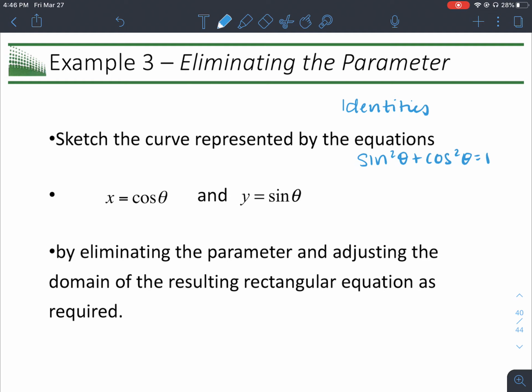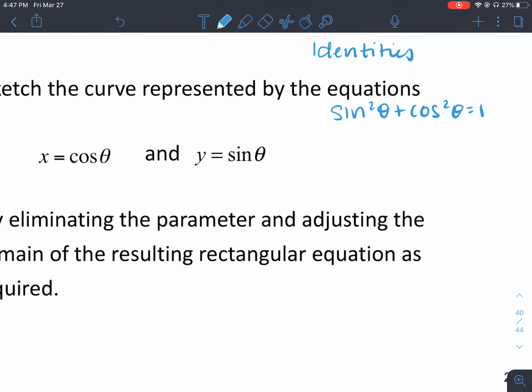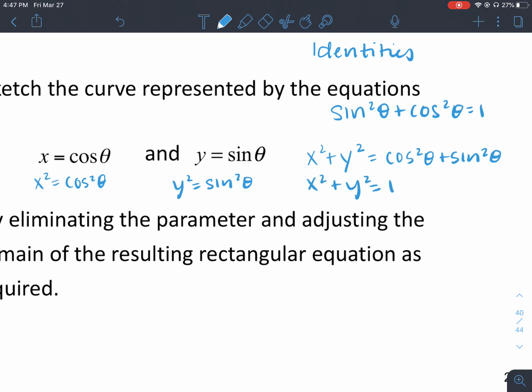So if I look at my x equals cosine theta and y equals sine theta, that means x squared has to equal cosine squared theta, and y squared has to equal sine squared theta. So if I take x squared and add y squared, that's cosine squared theta plus sine squared theta. Well, that's just telling me that x squared plus y squared has to equal 1.